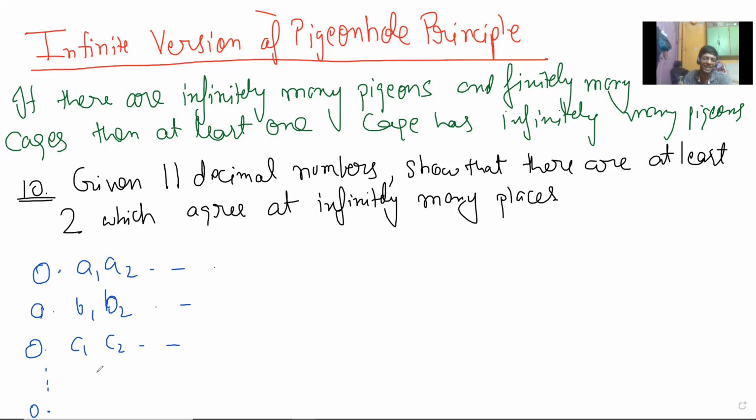Okay. Right. No, I was not thinking of that. But anyways, we want to show that 2 of them are such which agree at infinitely many places. Let's think.